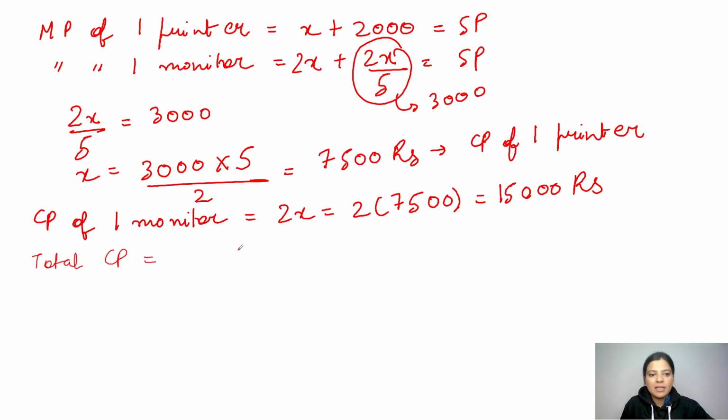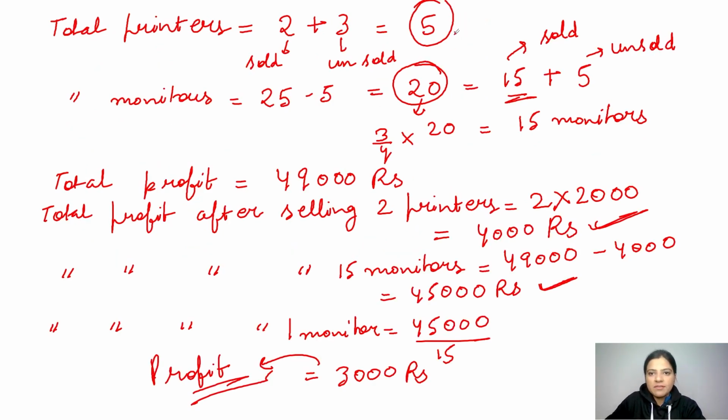So total CP is nothing but 7,500 into 5, that is for printers, because in total he purchased 5 printers.